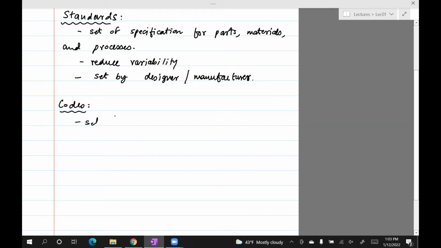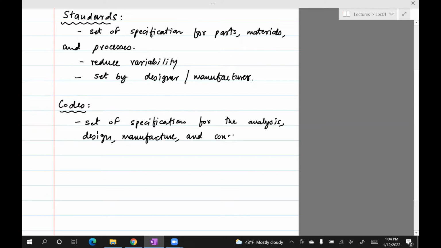So, a set of specifications for the analysis, design, manufacture, and construction of an object or objects.